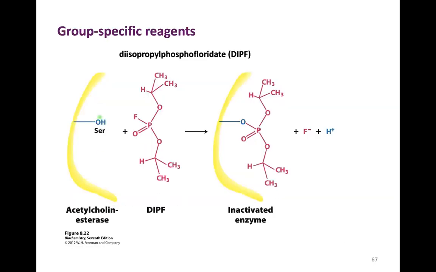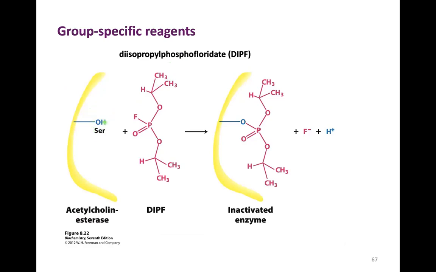Okay. So let's look at these in turn. These are examples. Again, you do not need to know the specifics or the mechanism of these. These are just illustrating the concepts of these 3 different classes of irreversible inhibitors.